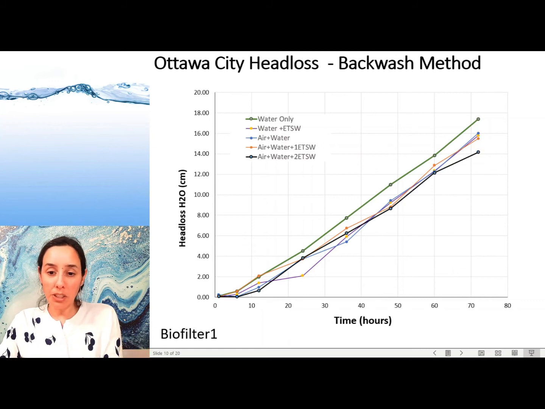What's interesting to note is that if we have air, water, and a double stage ETSW, we saw a jump in improvement in that head loss development over time at the end of 72 hours. So there may be some potential for this to be an improvement in terms of controlling head loss in a system. Overall, the first little group resulted in a 10% difference, and that second one is about an 18% difference.